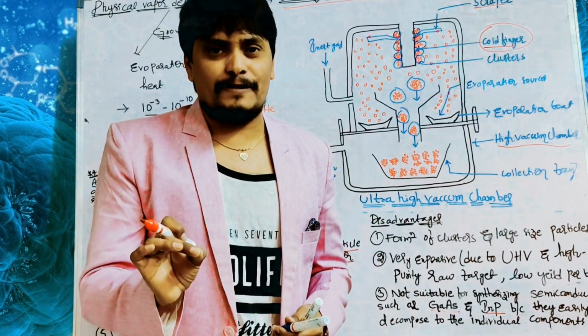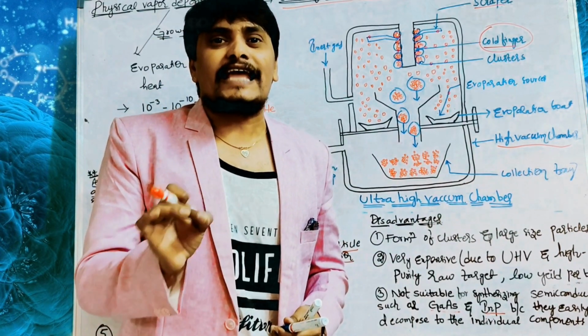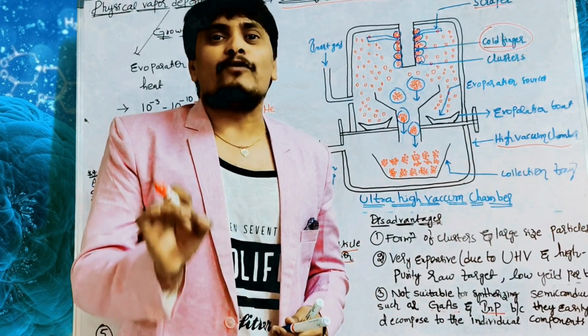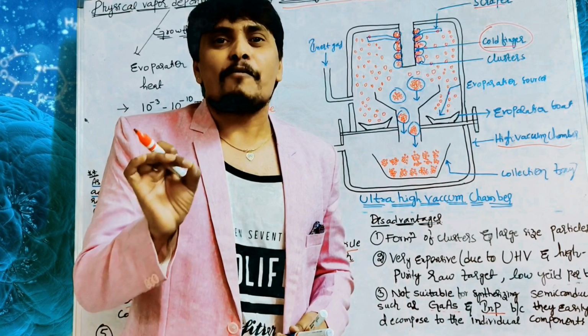Now, as each and every process will have pros and cons, that is advantages and disadvantages, let us see what are the advantages of this particular inert gas condensation method and what are the disadvantages of this particular method.